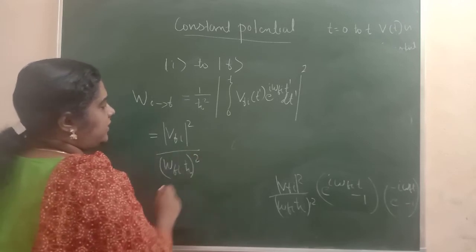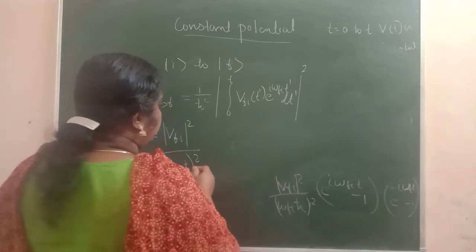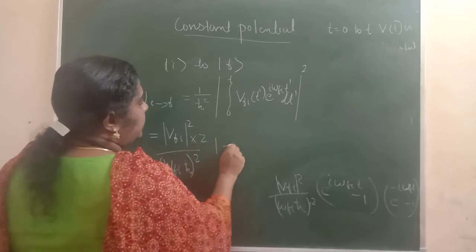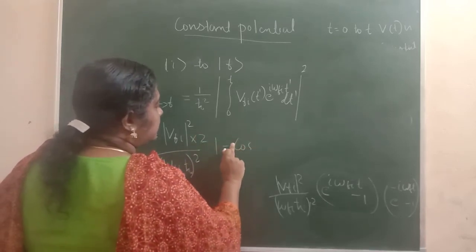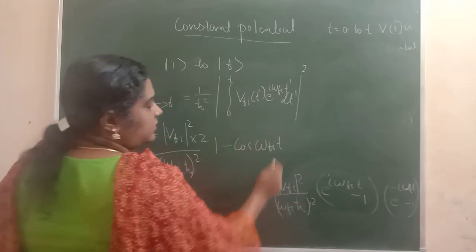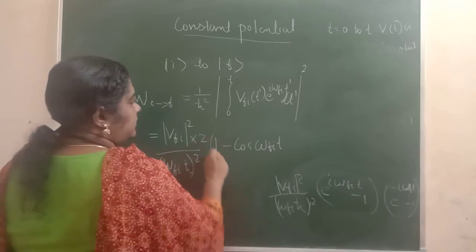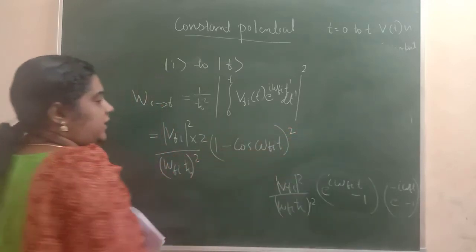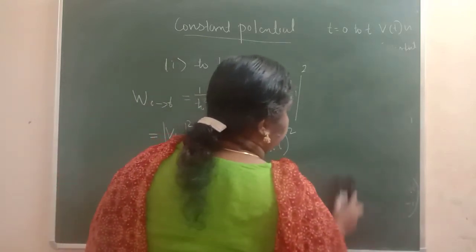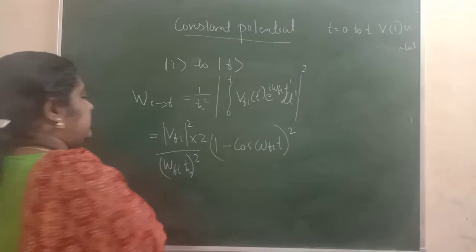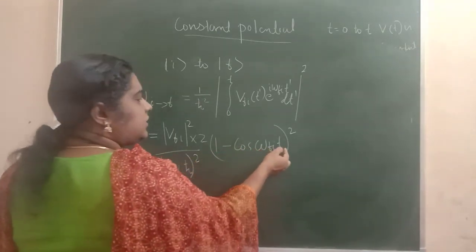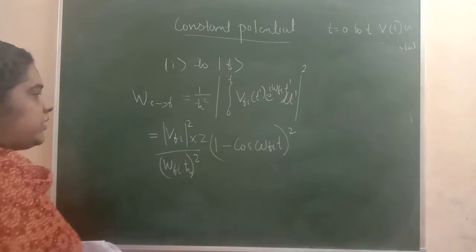h cross squared, 2 is there, okay, right? 2 is there into 2, 1 minus cos, squared, right? This 1 minus cos theta is equal to 2 sin squared theta by 2.